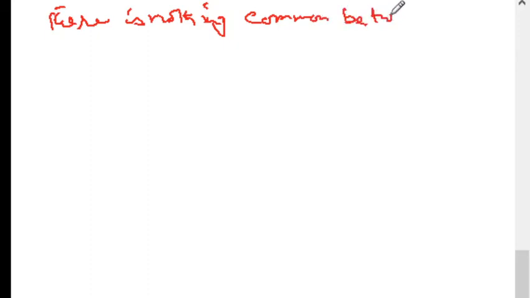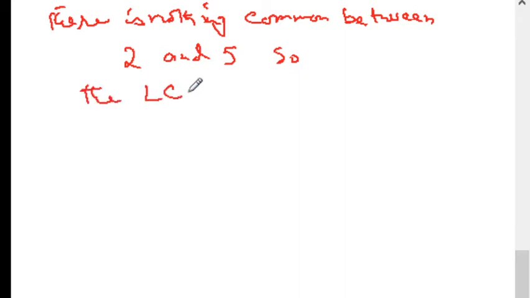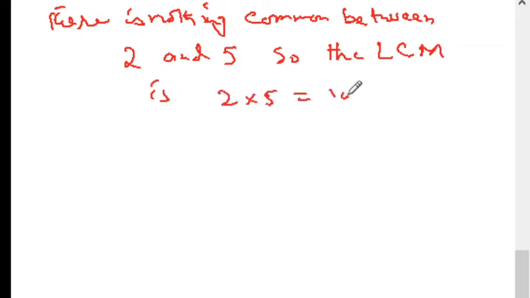When there's nothing common between 2 and 5, the LCM in this case is 2 into 5, directly 10.